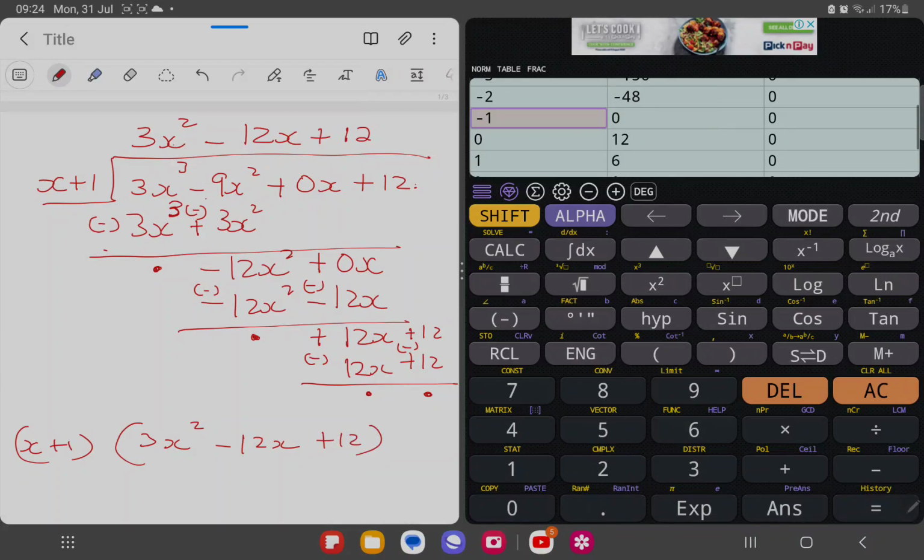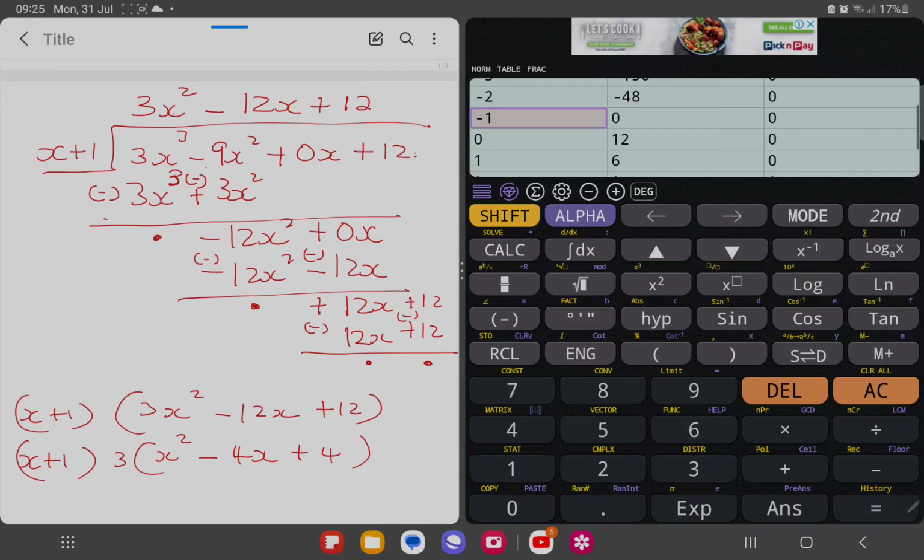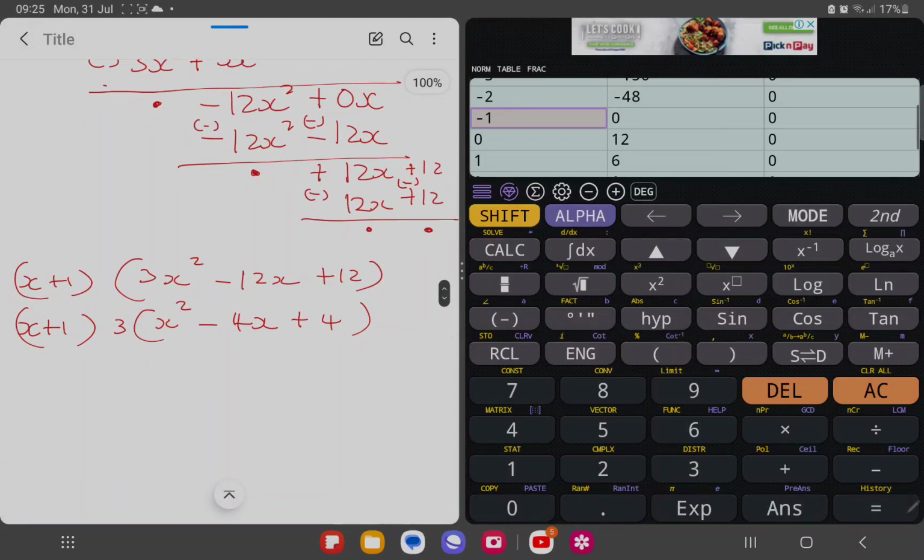Then what do you notice with this bracket? There's a common factor 3. Then we're left with x squared minus how many 3 in 12? 4x. How many 3 in 12 again? It's positive 4.